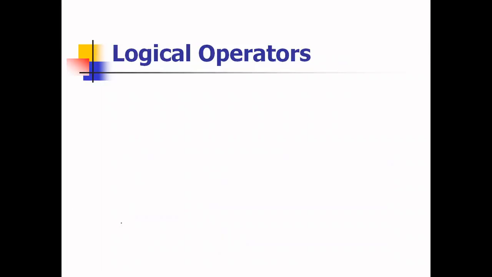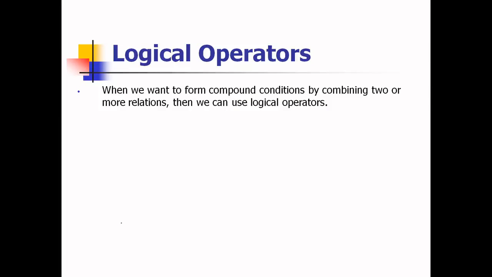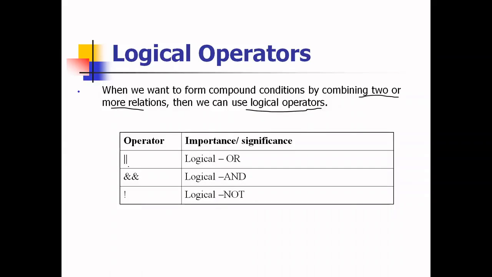The next type of operators are logical operators. Logical operators, when we want to form compound conditions by combining two or more relations, then we can use logical operators. So logical operators, like we have or, and, not operators.